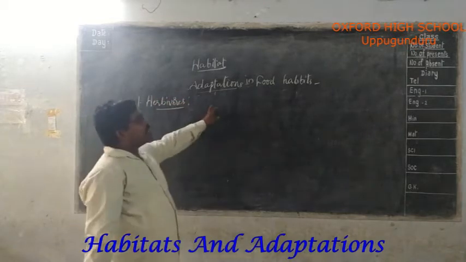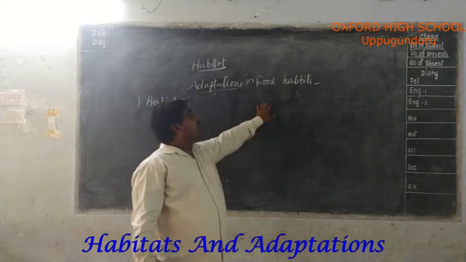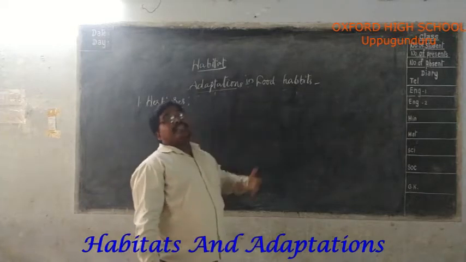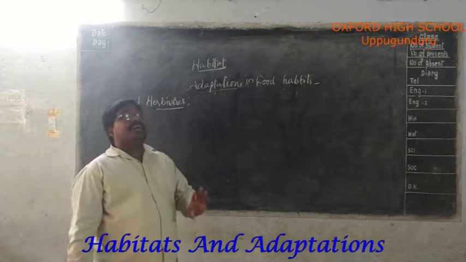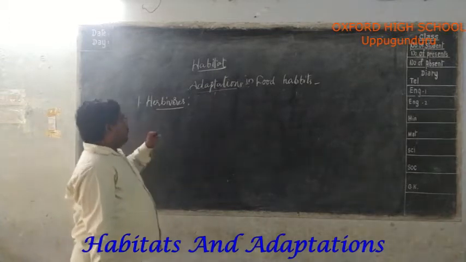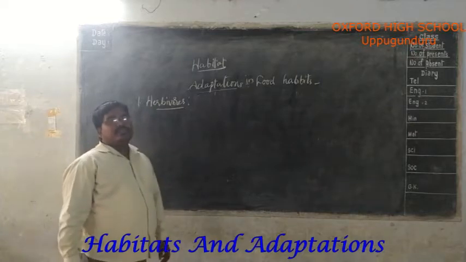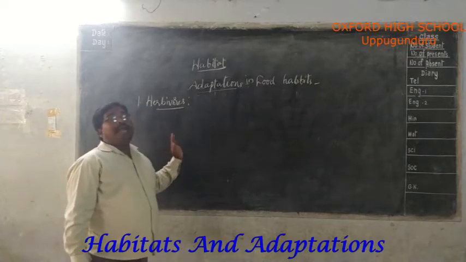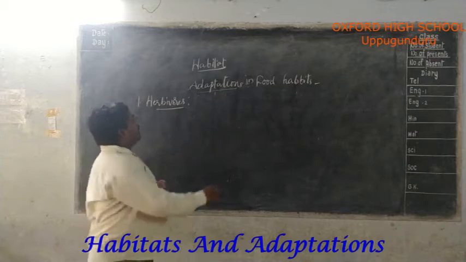Adaptations in the food habits: on the basis of the food habits, the animals are categorized into three groups. The first one is herbivores. All plant-eating animals are called herbivores.